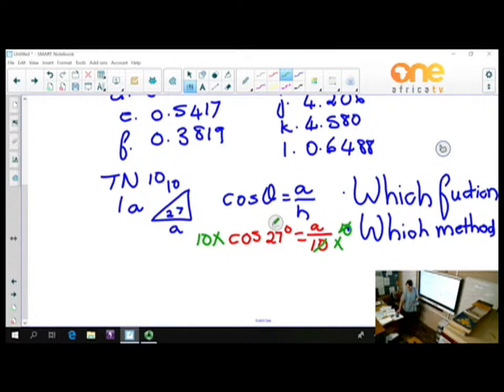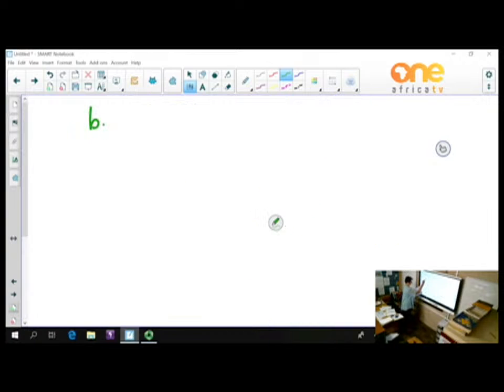So now you take your calculator and you multiply 10 times cosine 27 is equal to, and I got 8.91. Right, the second one, number B, looks like this.